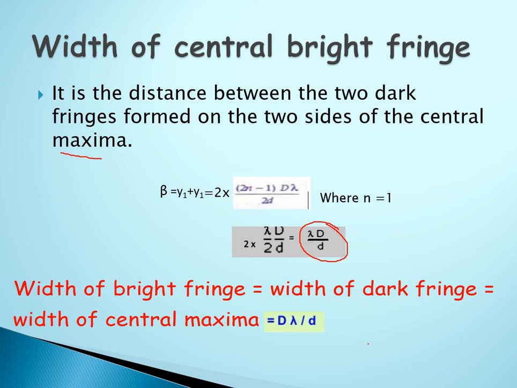Then we saw what the fringe width of a fringe is. Then we derived the equation for the fringe width for dark fringe, bright fringe and central bright fringe. We found out that all three are the same. Fortunately, all three are the same. So, what are the three factors and how are they affecting it?